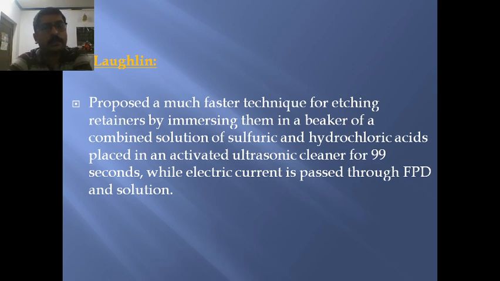McLaughlin proposed a much faster technique for etching retainers: immersing them in a beaker of a combined solution of sulfuric acid and hydrochloric acid, placed in an activated ultrasonic cleaner for 99 seconds while an electric current is passed through the FPD and the solution.